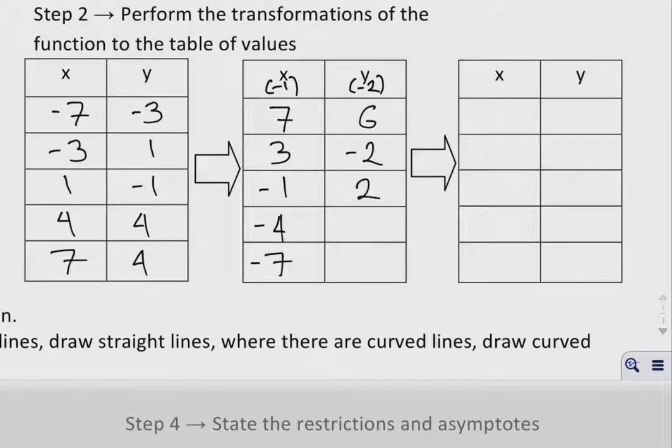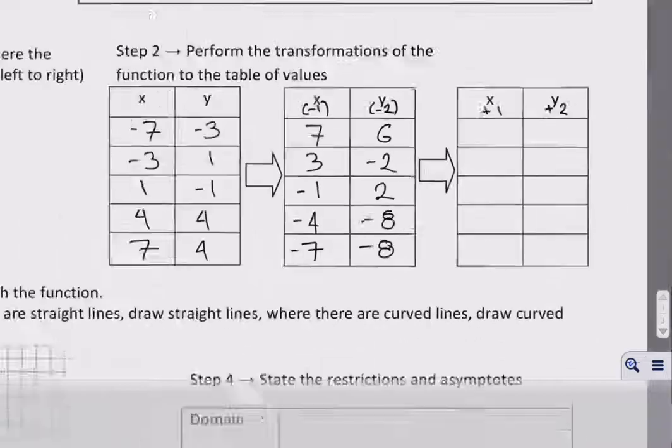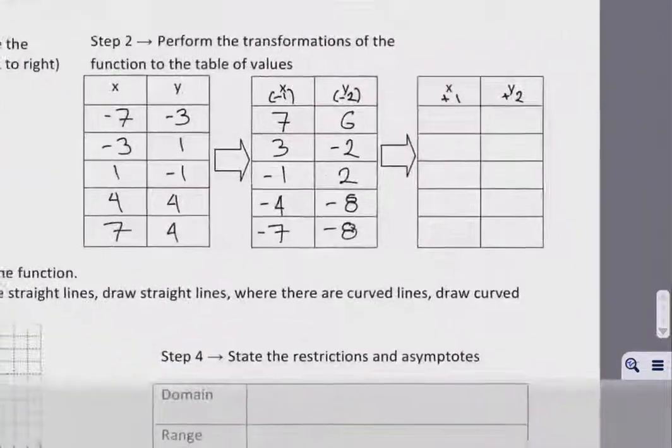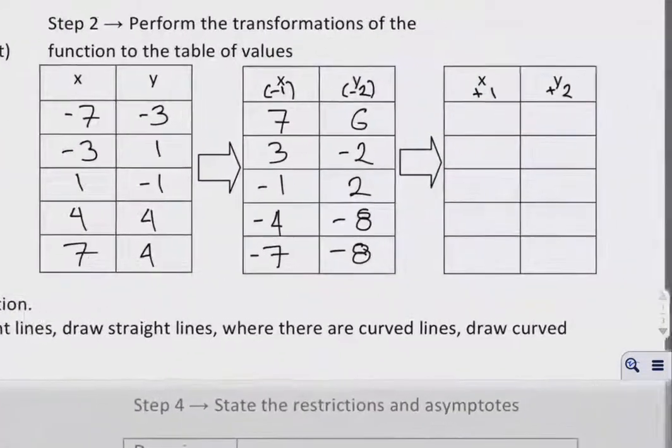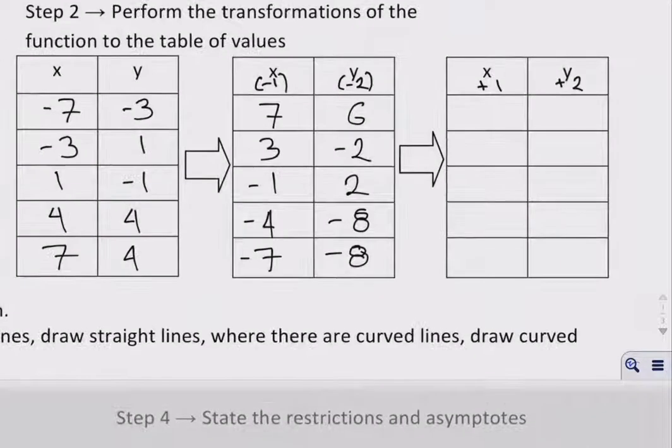So 2 here, -8 and -8. Finally, I'm adding 1 to the x's and adding 2 to the y's. So the transformations, horizontal and vertical shifts. And I'm left with 8, 4, 0, -3, -6. And here are my y values.